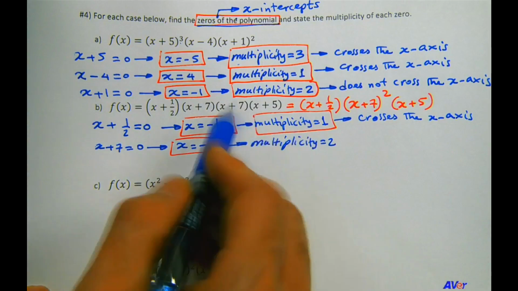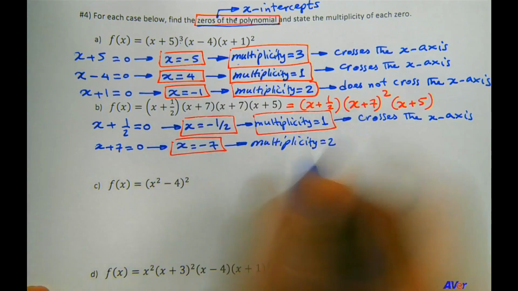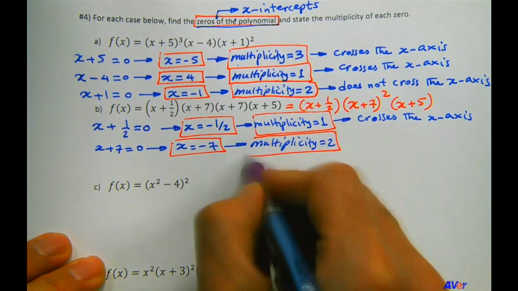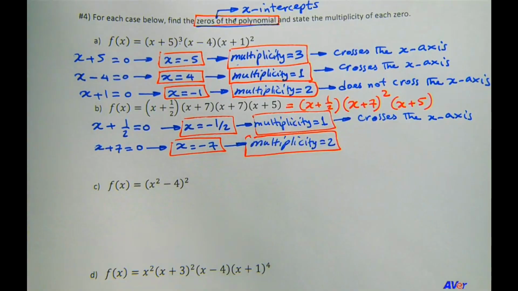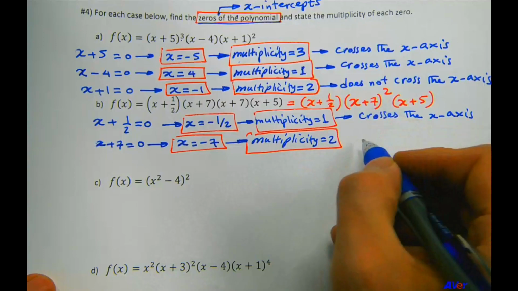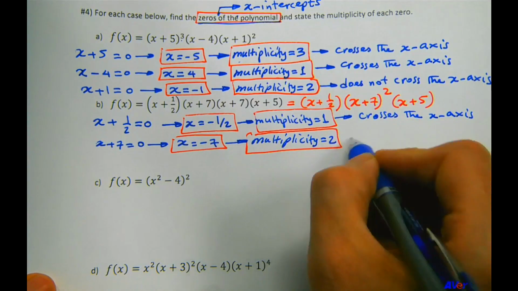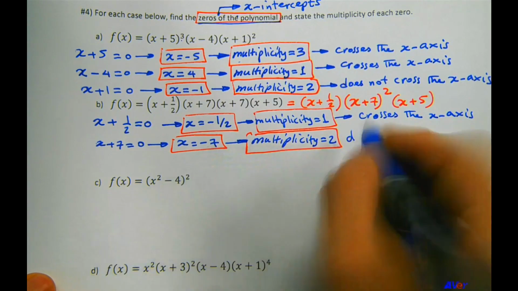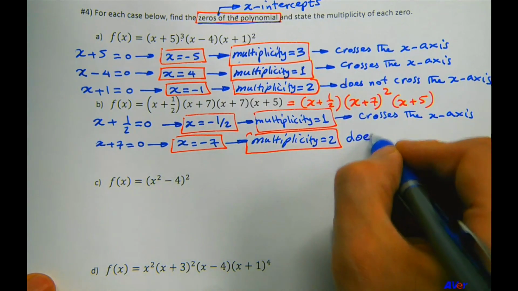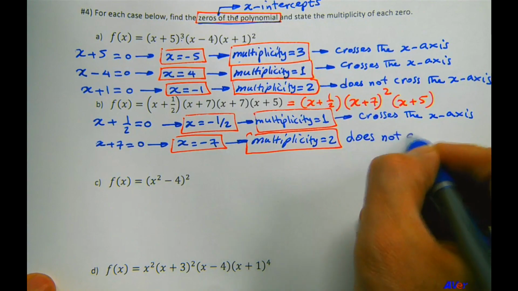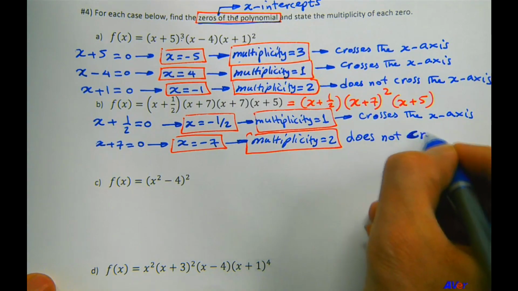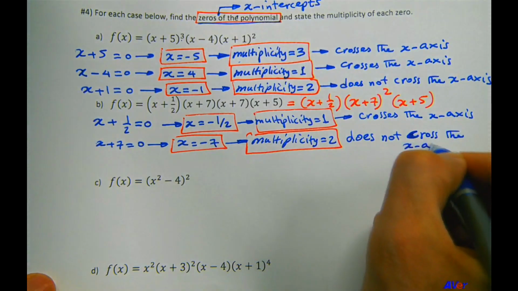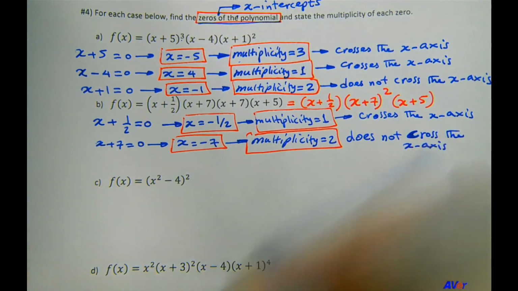But no, x plus 7 squared, that's multiplicity 2. So does the graph of the polynomial cross the x-axis or not at this point? It does not, right? 2 is even. Multiplicity of -7 is even. So the graph of the polynomial does not cross the x-axis.